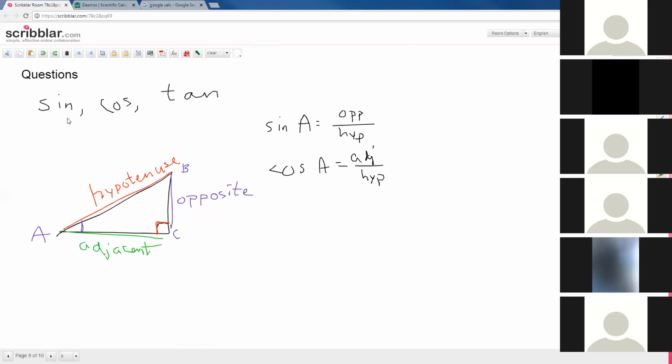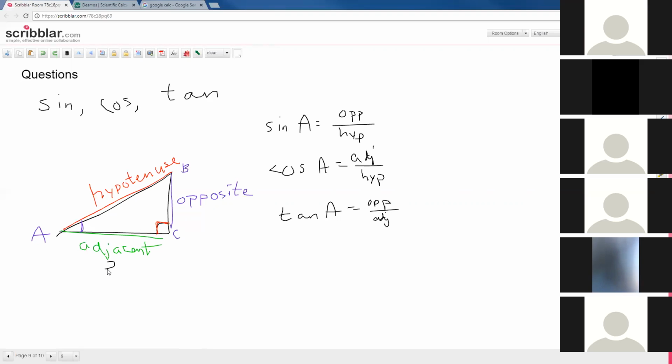And tangent of an angle is opposite over adjacent. And these formulas are always the same. You may want them written somewhere so you can focus back on them or have them nearby when you're working on a problem. So if we give actual numbers for the sides, we can find any of these trig formulas.